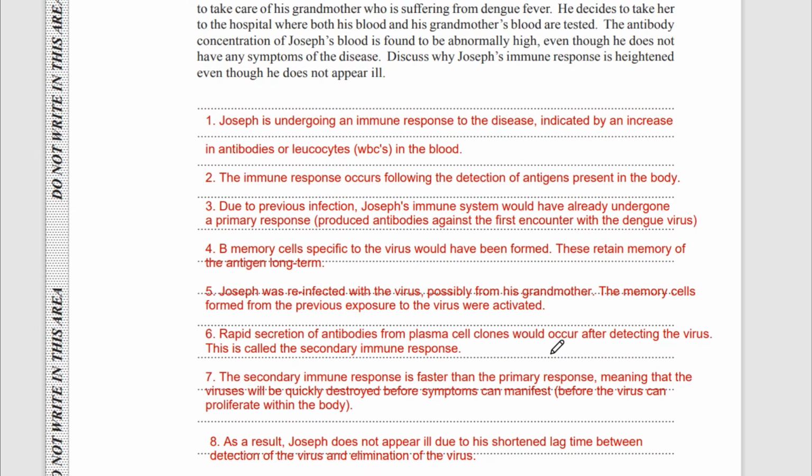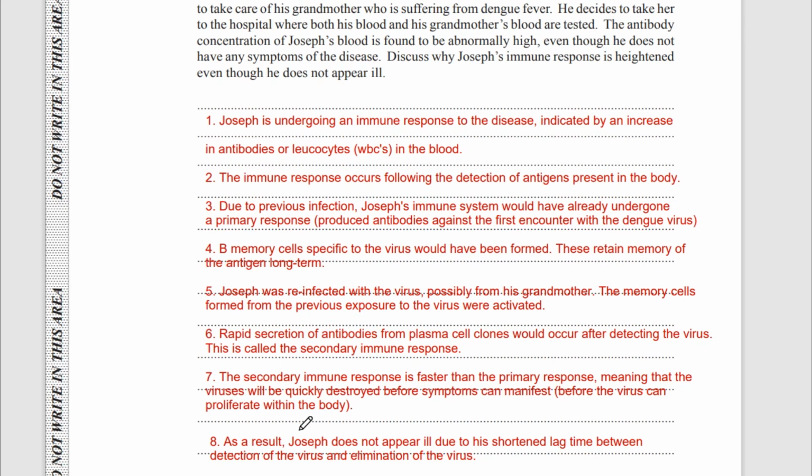And this is usually why, when you get a shot, like a COVID shot, you have to get the first dose and then the second dose. Right? So you could build up those memory cells, and build up this type of fast response. The secondary immune response is faster than the primary response, just as I said, meaning that the viruses will be quickly destroyed before symptoms can manifest, basically before the virus can proliferate or reproduce within anybody.